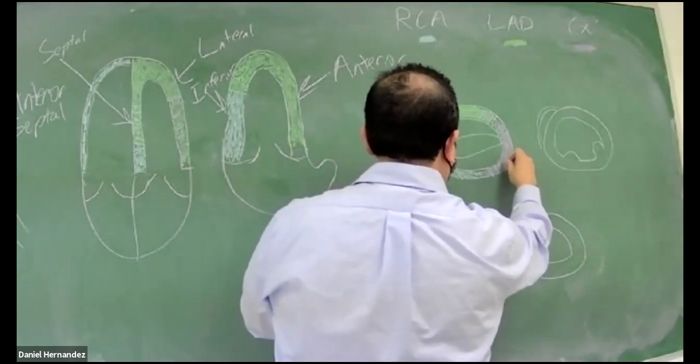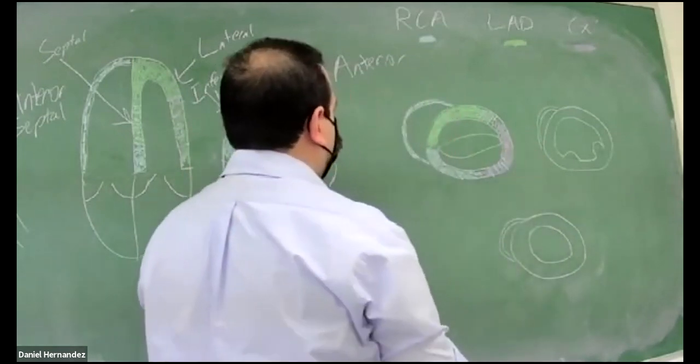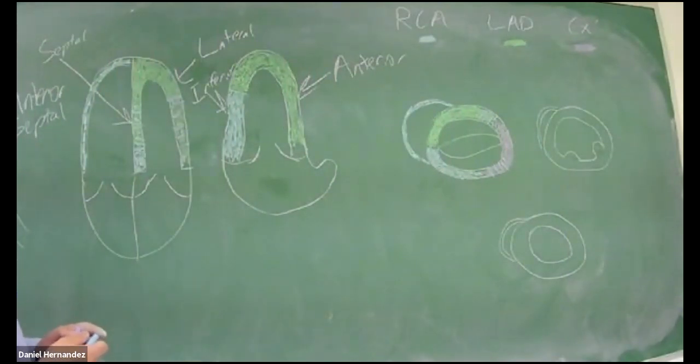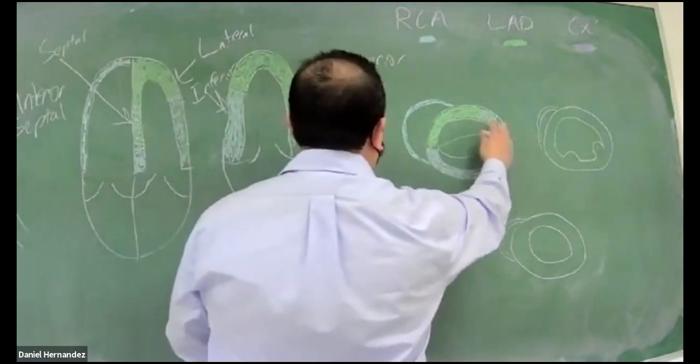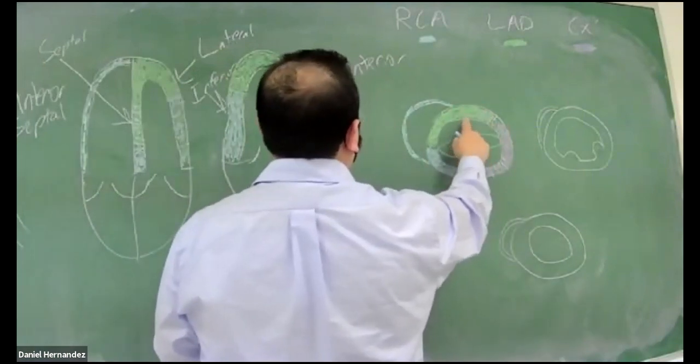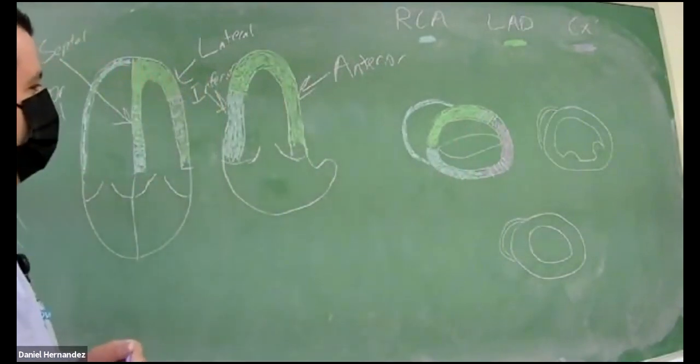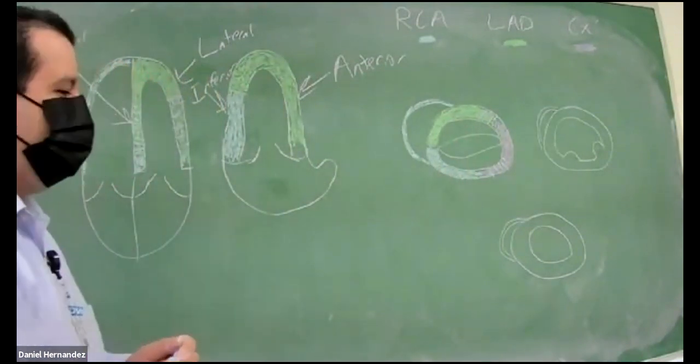But typically on the registries, they're not going to give you those gray areas. They want you to know LAD and RCA to really appreciate those walls.